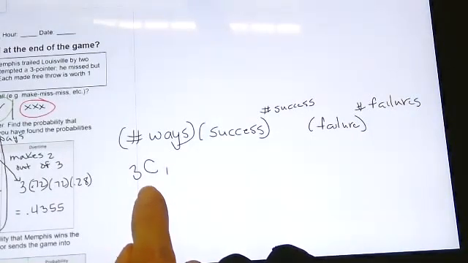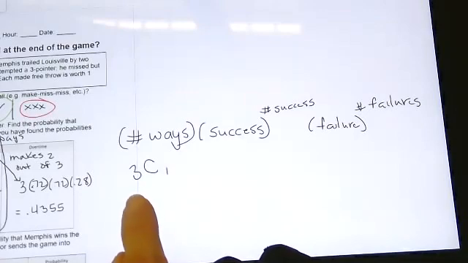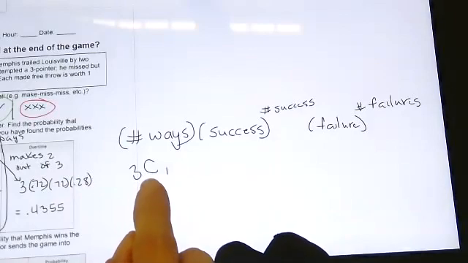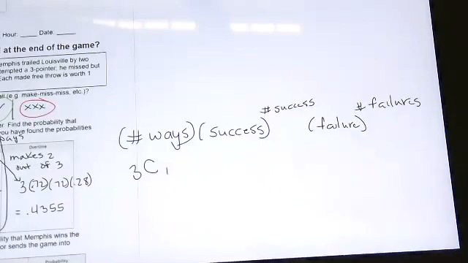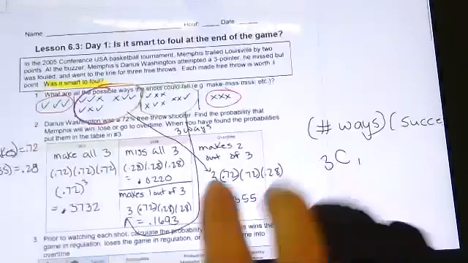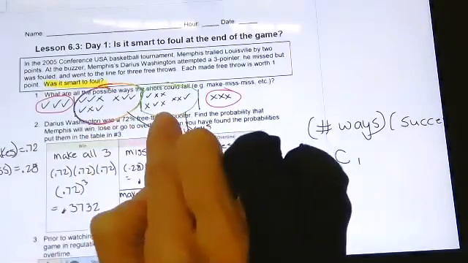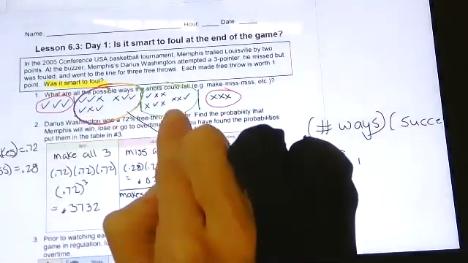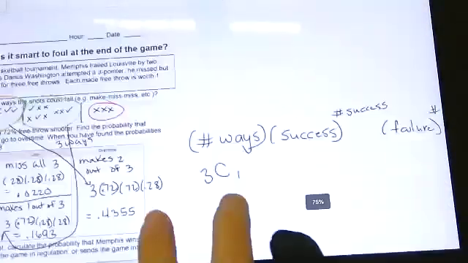It's something that used to be taught in Algebra 2, and I think they teach it in Integrated 3, but last year Integrated 3 got cut short, so I don't know whether you guys have seen combinations and permutations before. If you haven't, that's all it means: how many ways can you get 1 success out of 3. We know there are 3 ways to get 1 success right here.